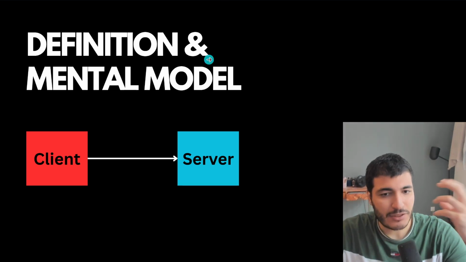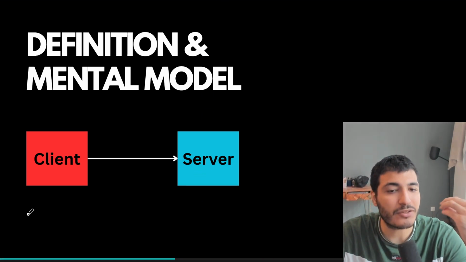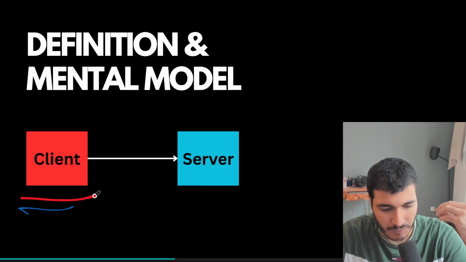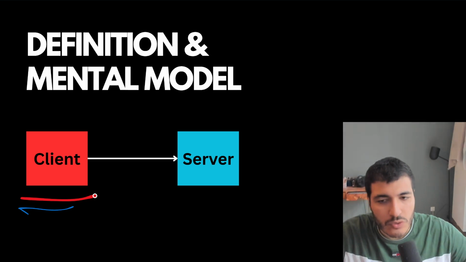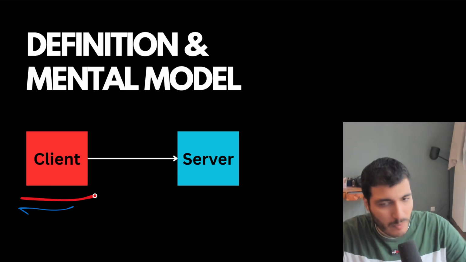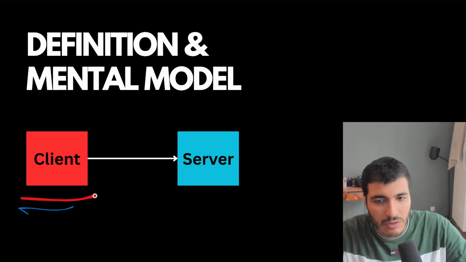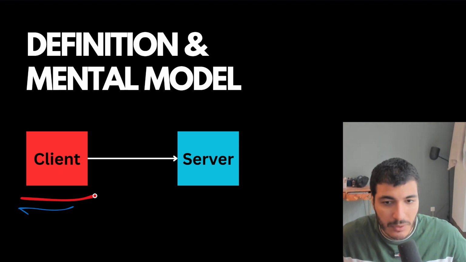So, at its core, a client is any piece of software that consumes a service. Maybe it's your browser, a mobile app, even a command line tool. A server is the program, and usually a machine, offering that service.